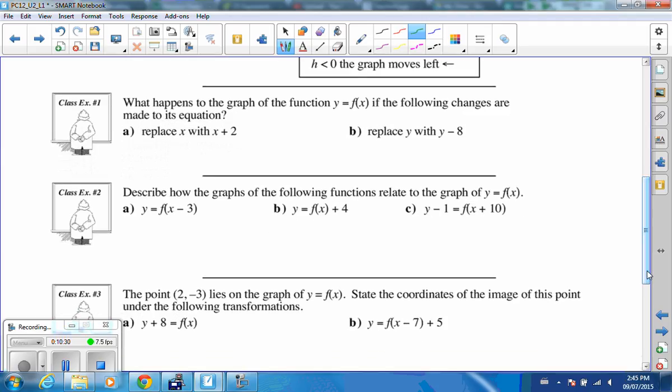Now let's see what happens. So if I replace x with an x plus 2, x old, x new plus 2, it's going to end up moving it 2 left. This would be 8 up. And again, you can just memorize that, or you can pay attention to why it's happening.